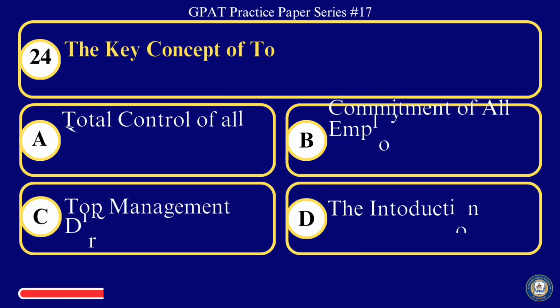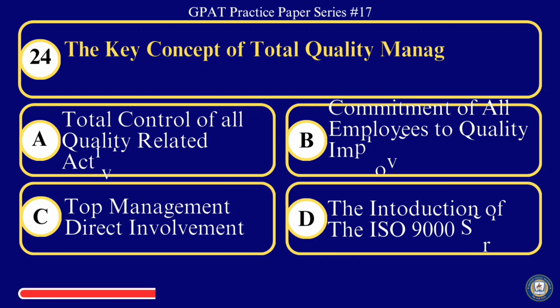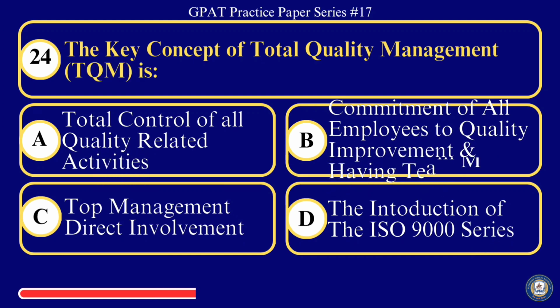Question number 24. The key concept of total quality management, TQM, is, your options are A. Total control of all quality related activities, B. Commitment of all employees to quality improvement and having team meetings, C. Top management direct involvement, D. The introduction of ISO 9000 series.